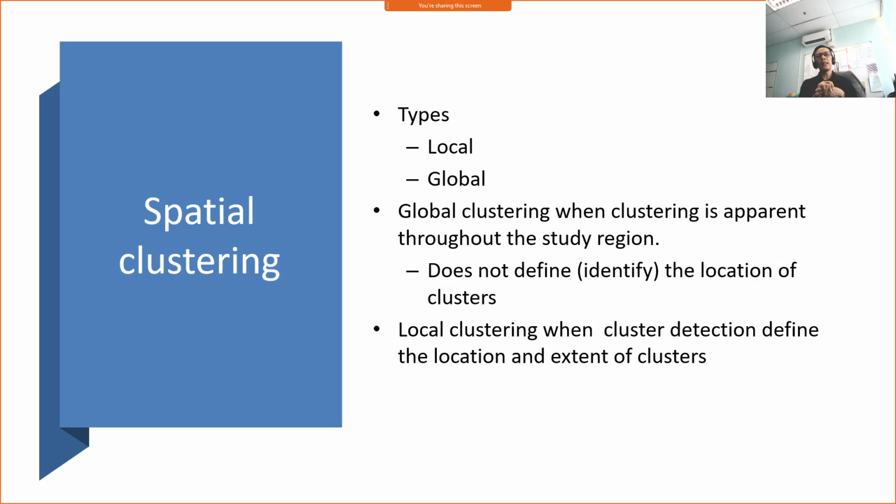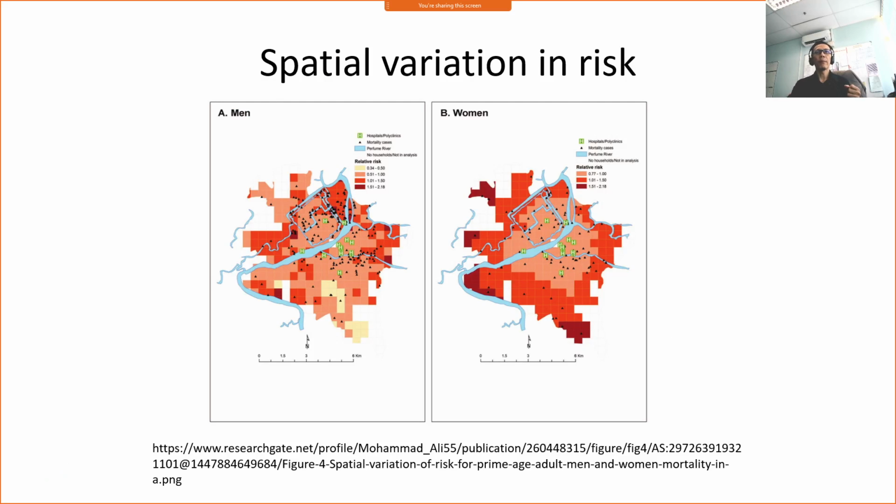But local clustering is when cluster detection happens in certain locations only. This is another way of doing the analysis, that is by measuring the spatial variation in risk. Spatial variation in risk. How to do this?